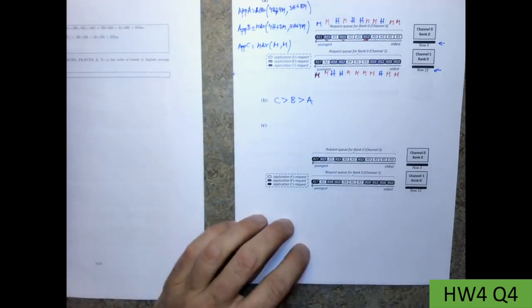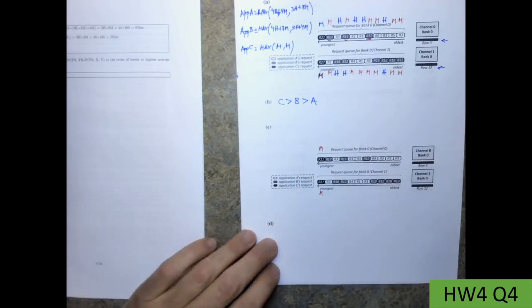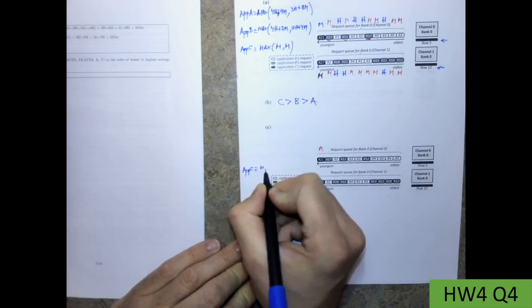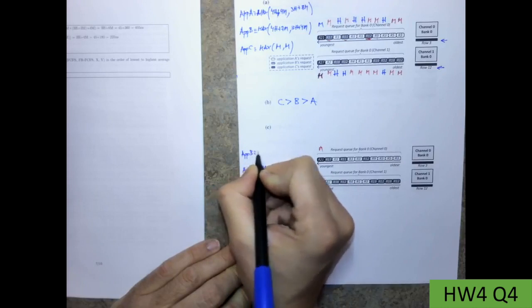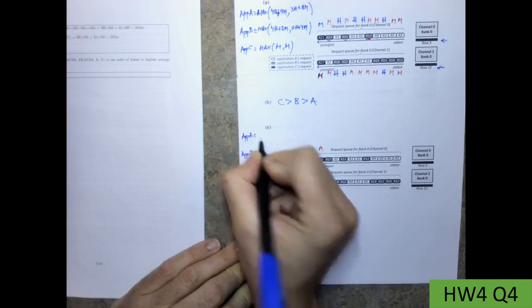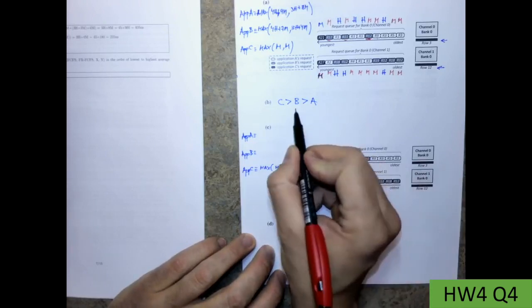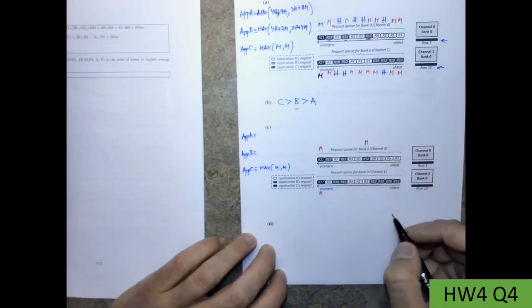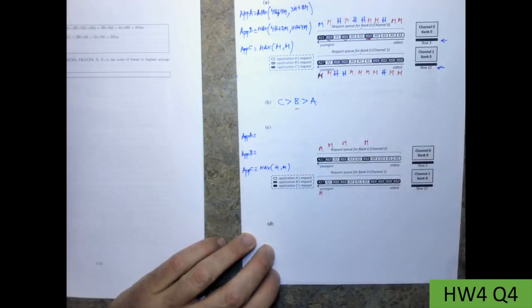So again, the highest priority is for C. So these two misses are served first for application C, and the stall time is the maximum of M and M. And then the priority in both channels is going to be application B. So first we will serve this row 12, provoking a miss, row 11, and row 17.